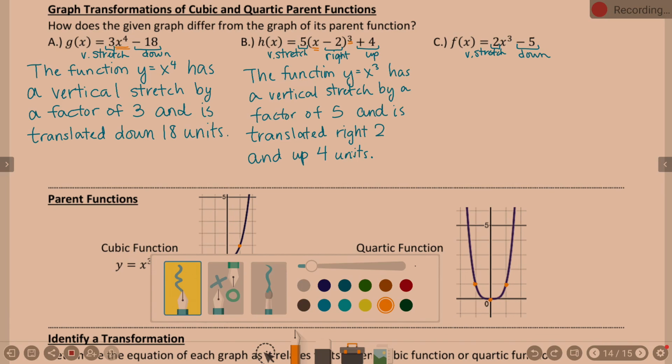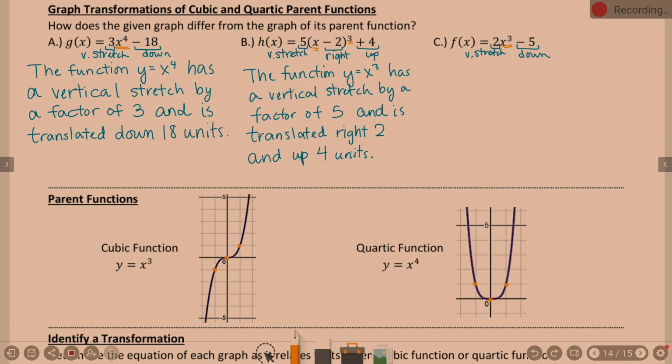What's my parent function? Yeah, x to the third. Y equals x to the third. Okay. Put it in words and you're good.